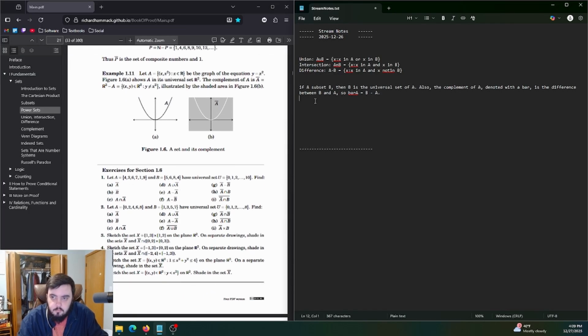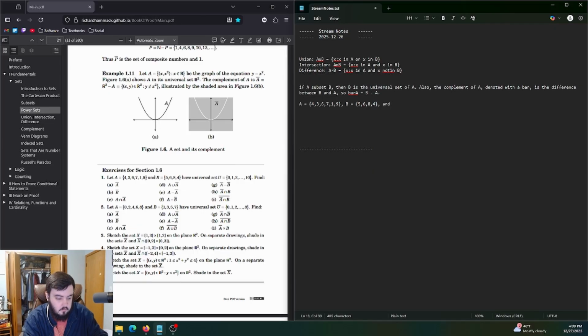A is equal to 4, 3, 6, 7, 1, 9. B is equal to 5, 6, 8, 4.